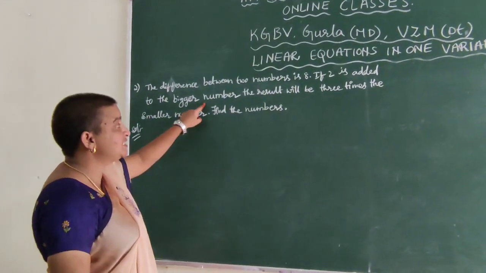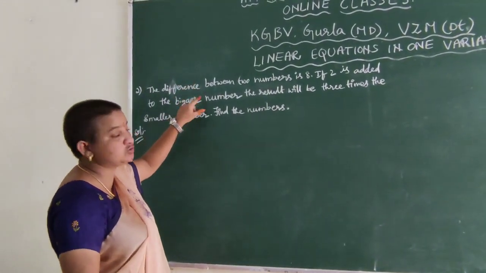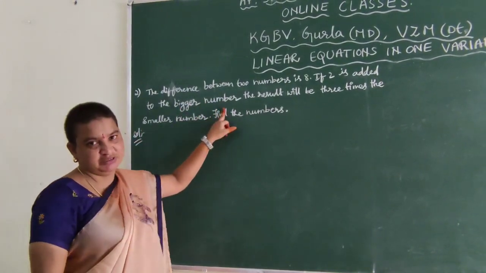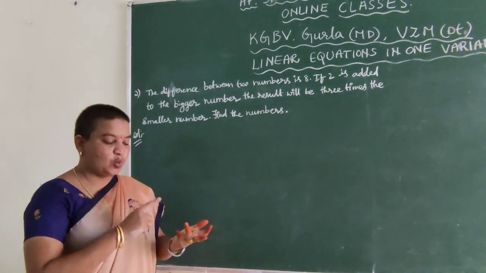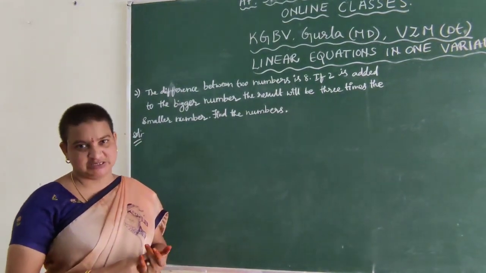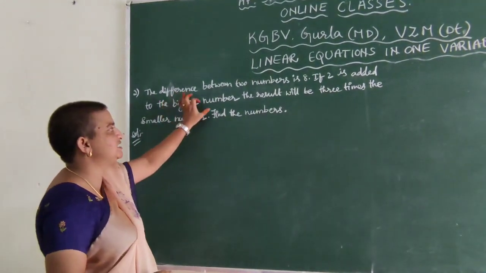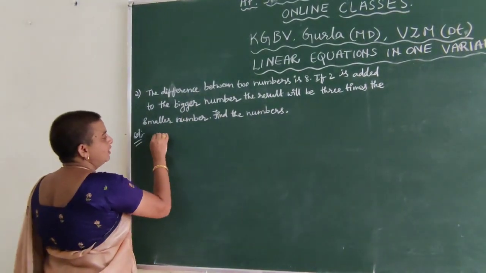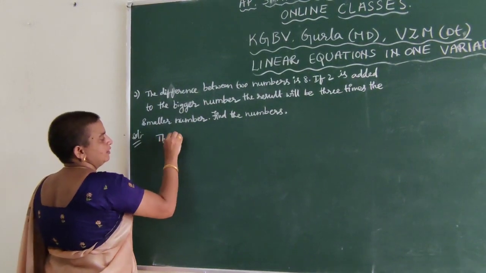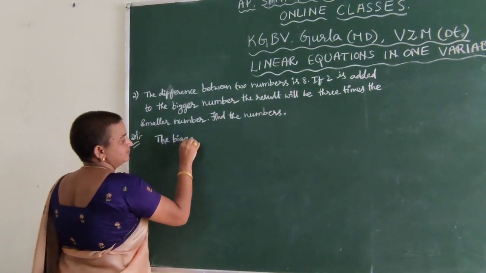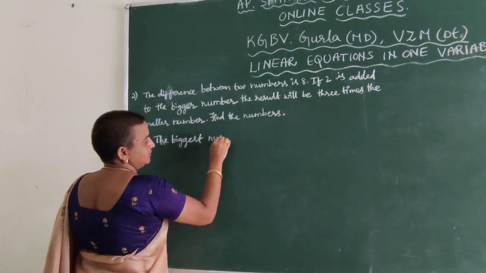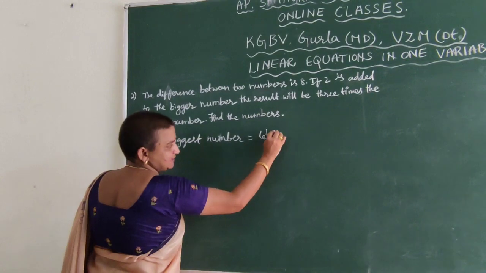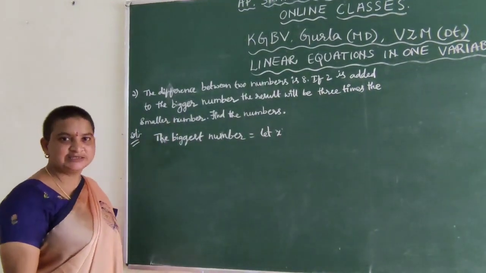So, first we have to solve the problem. First we need to know what is the biggest number. We don't know what is the biggest number and what is the smallest number. That's why we take the biggest number as a variable x. Solution: the biggest number equals let x.